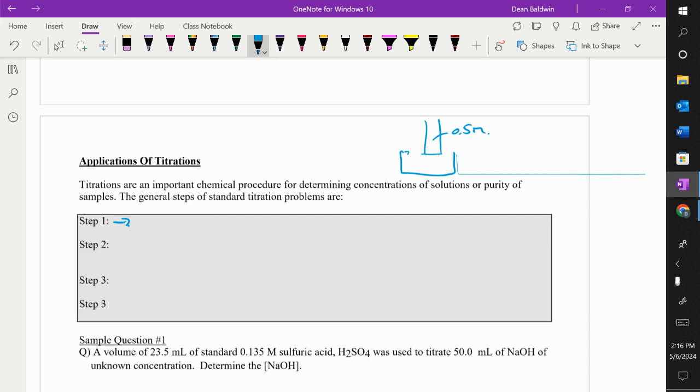You add a known amount of that solution so you know the number of moles of the standard that you used. So step one is determine the moles of standard. So say I add 10 moles of NaOH.